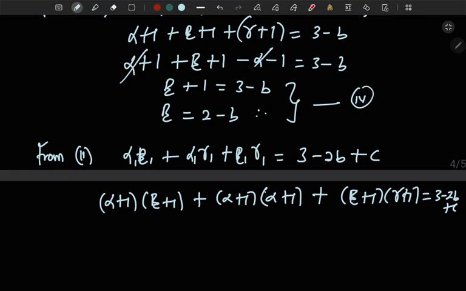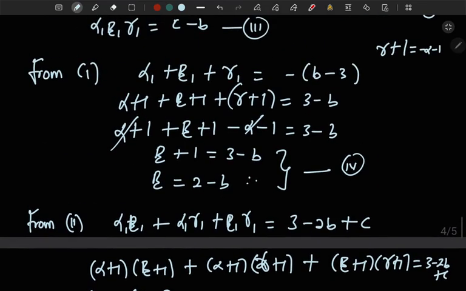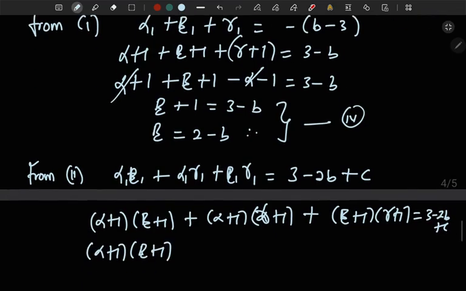Okay, so this is alpha plus 1 beta plus 1. There is gamma plus 1 here. We can actually, what am I writing? So this should be gamma plus 1. So the gamma plus 1 here can be replaced with minus alpha minus 1, which is going to be minus alpha plus 1 squared.